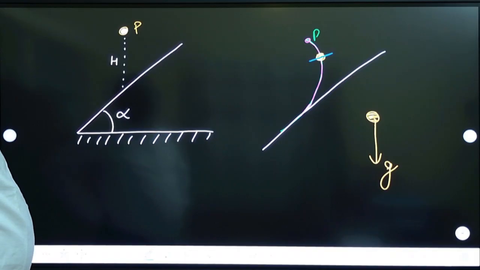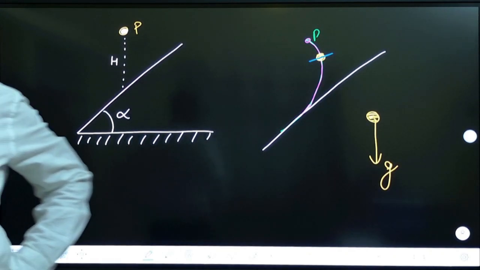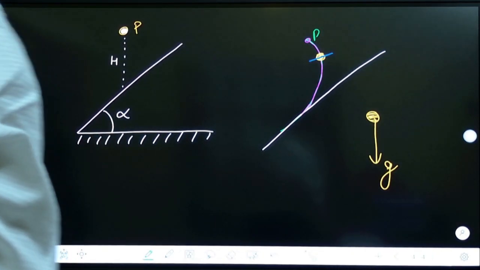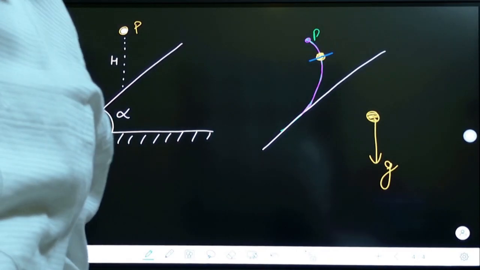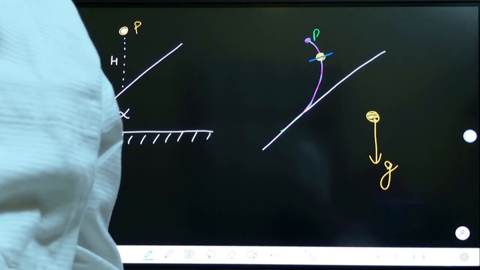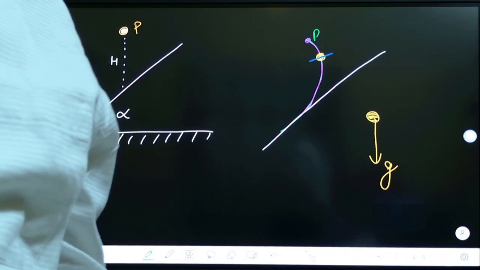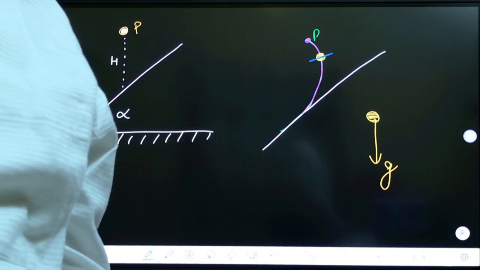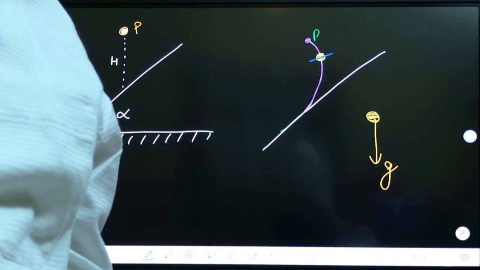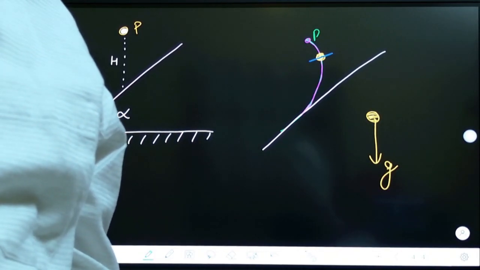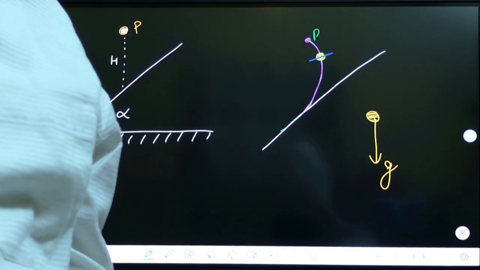So how do we take that? That's what the question is. Is there any idea behind it? Nothing is given about that. The idea is that we need to find a path which takes minimum time, and then we can try to calculate the time.